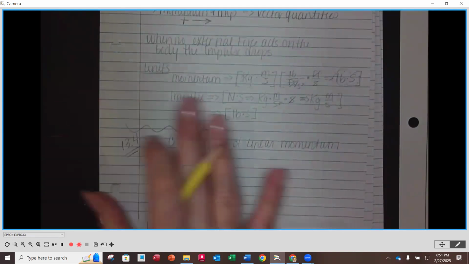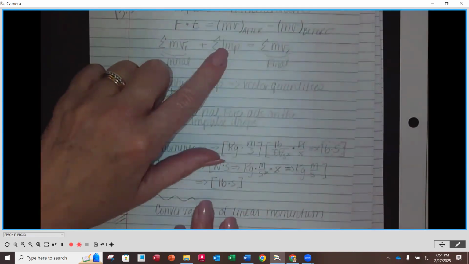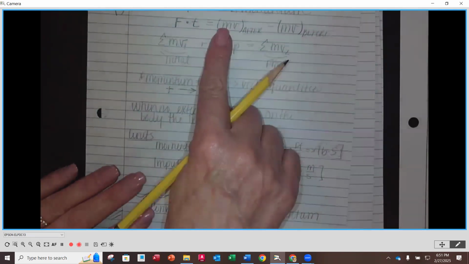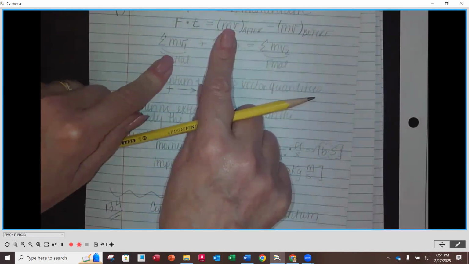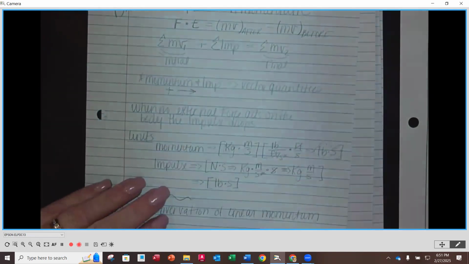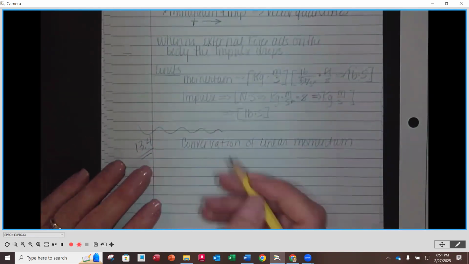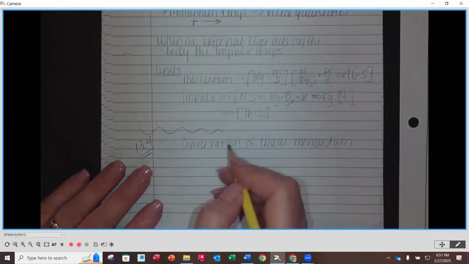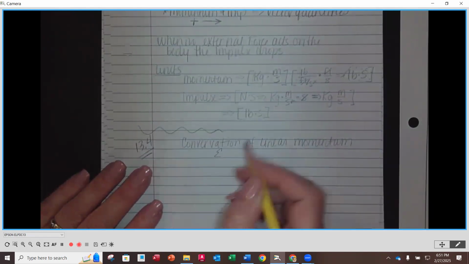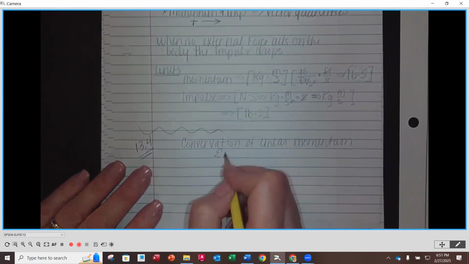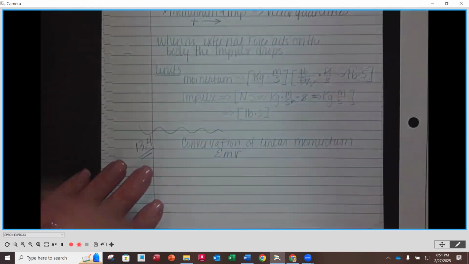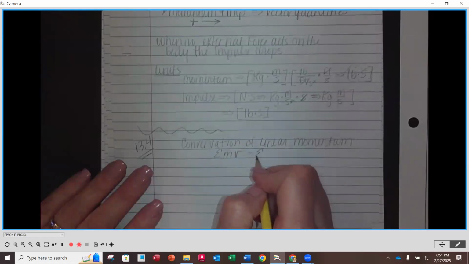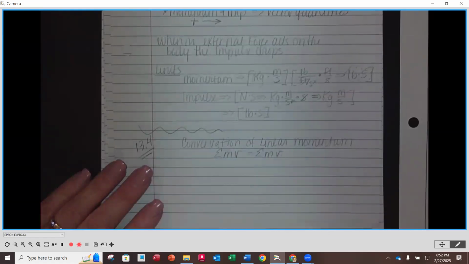So that means that our impulse drops out. That reduces this to the momentum before, or initial, being equal to the momentum after. I have that rewritten here so that we can use it in this section. So the summation of the mass times velocities is equal to the summation of the mass times velocities after.